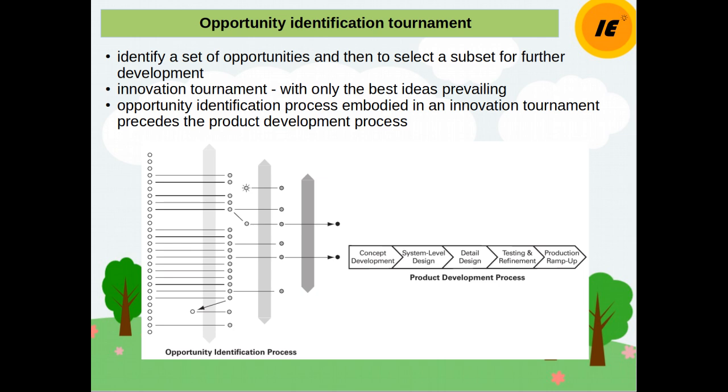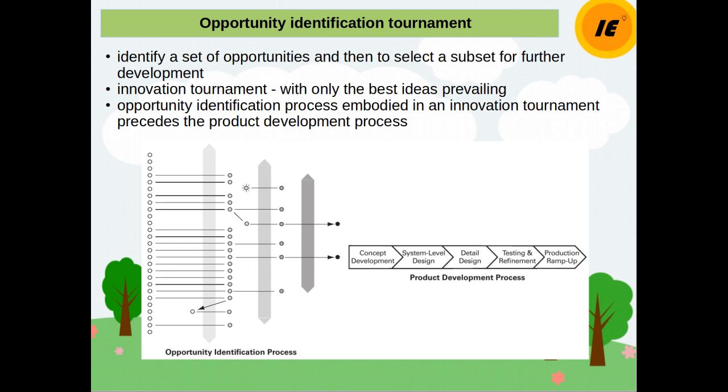Now we'll see what is called the opportunity identification tournament. It's just a fancy term to explain the process of opportunity identification, where you start with a lot of new and random ideas, and then you filter them, and at the end of the process you get some promising ideas.